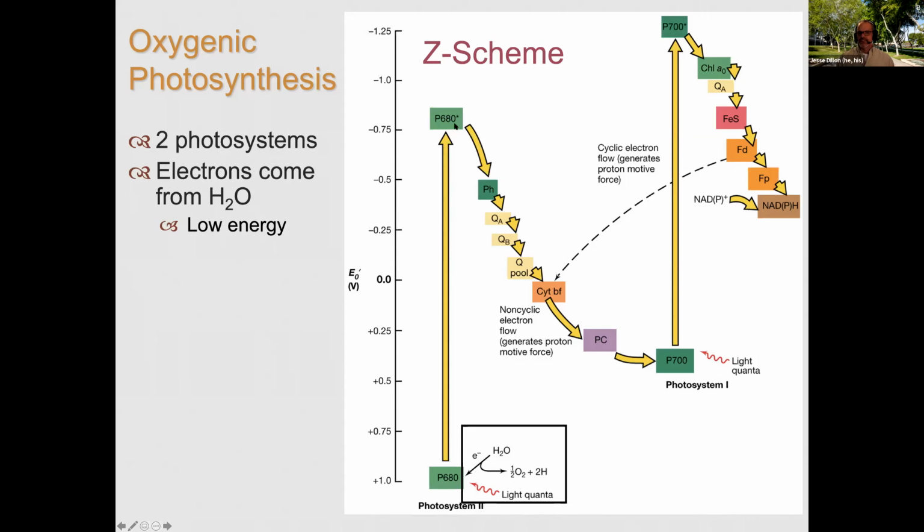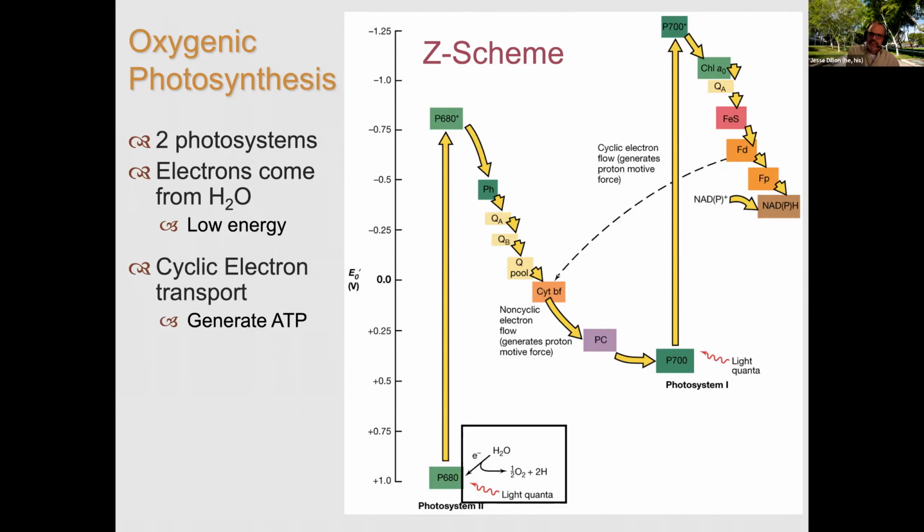So it starts the job, it passes through these electron carriers, but it takes a second photon of light for it to go from here, which is high enough then to do what we saw in the earlier slides, which is produce reducing equivalents.